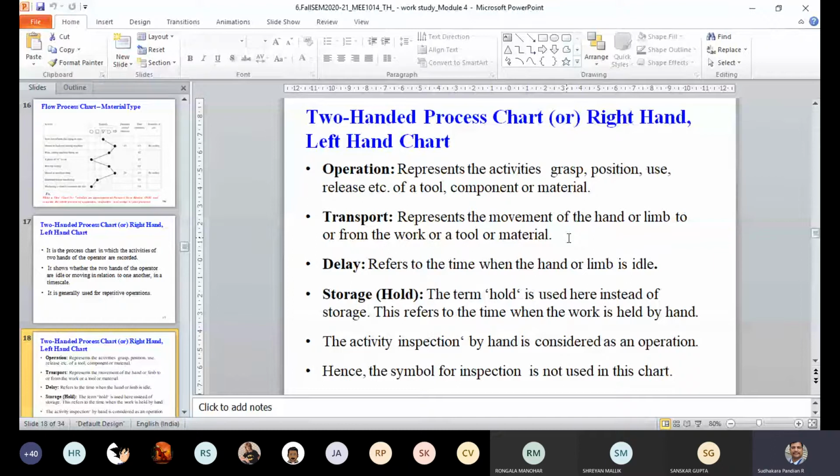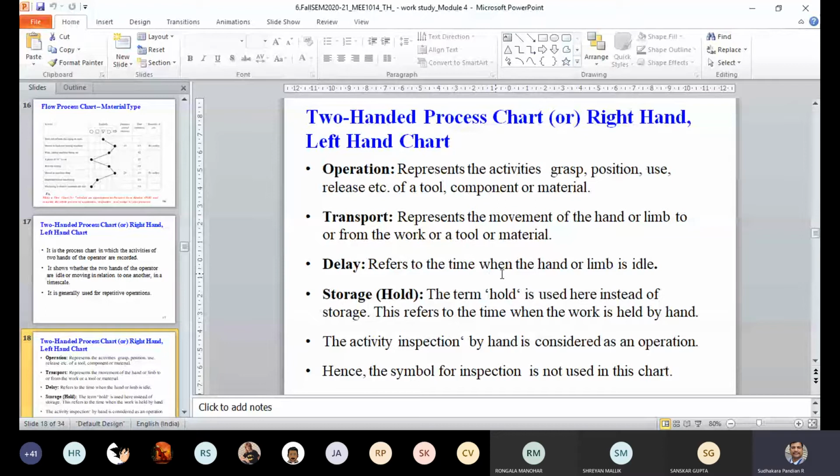If the hand moves from one position to another position, we record it as a transport. Whereas grasp, position, or some operations, what we are doing in the machines, those are under the operation category.